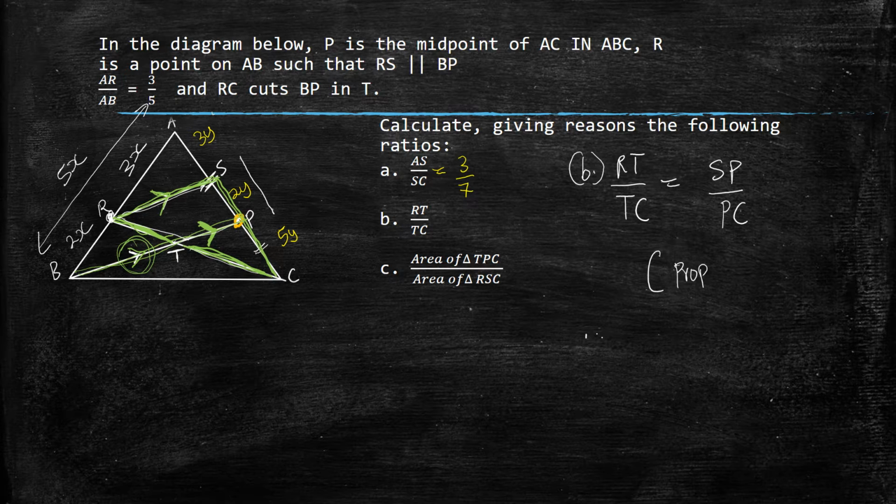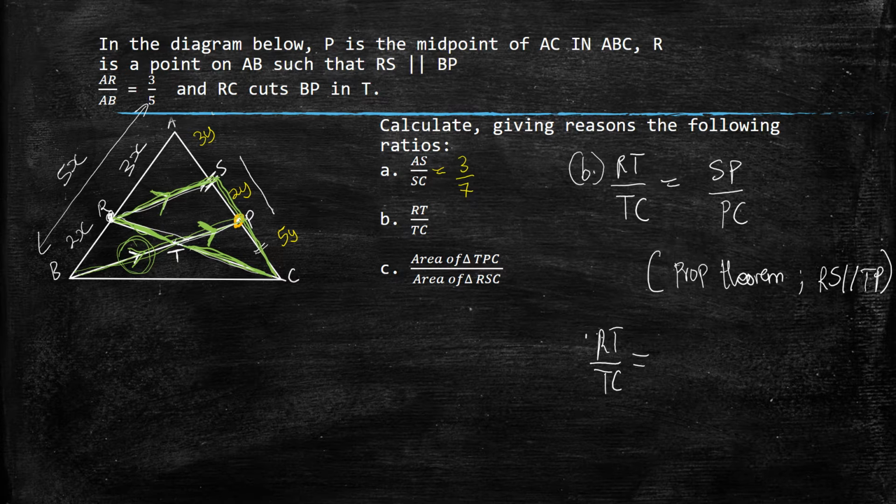Because of proportionality theorem, and we can also indicate the lines that are parallel, because RS is parallel to TP, or rather you can just write the whole length. It's still the same to say RS is parallel to BP. But just to be more relevant, we can show here that it's parallel to TP. Okay, so that's it. We can go and get the ratio RT over TC.